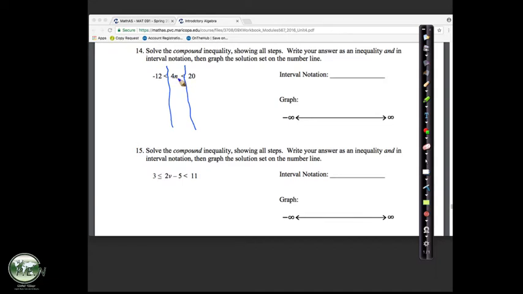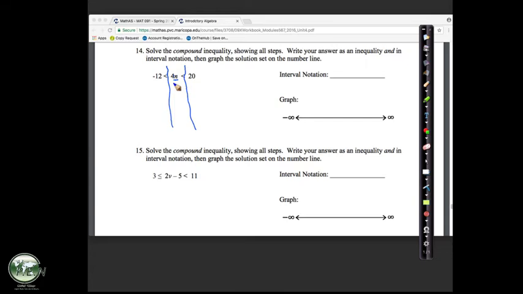Okay, so we look in the middle, and what is happening to the variable n? What operation? We're multiplying it by 4. How do we undo multiplication by 4? We divide by 4.